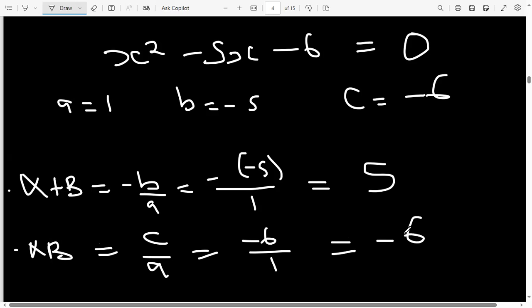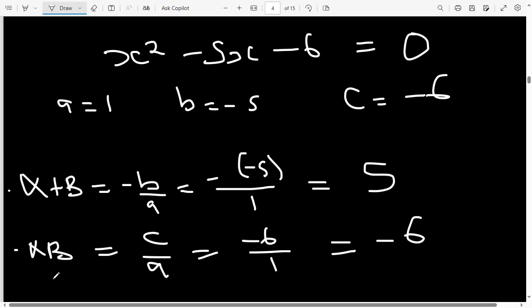Okay, so from the sum of these roots and the product of these roots, we can come up with the new roots.